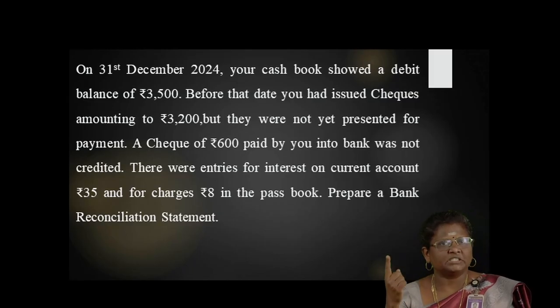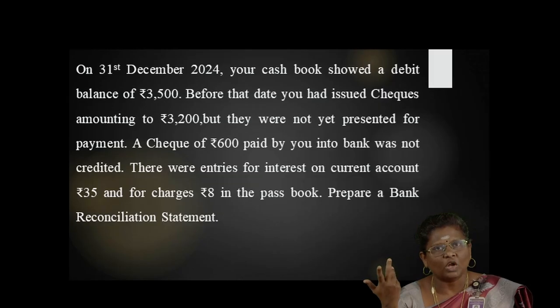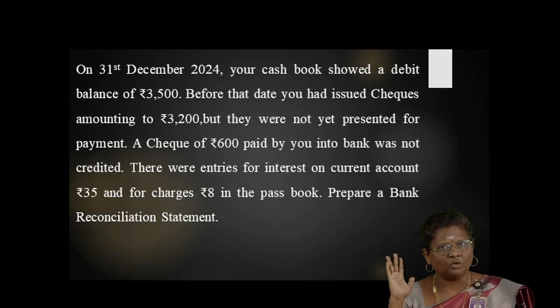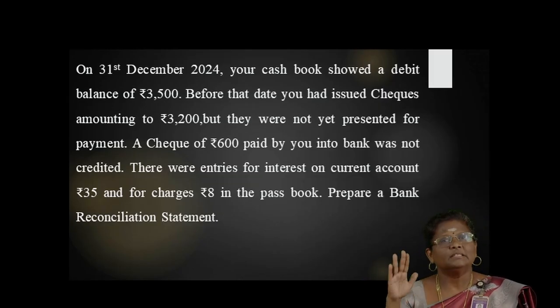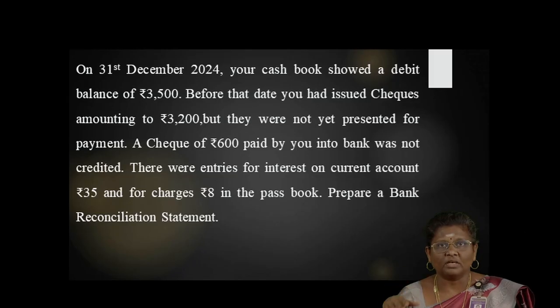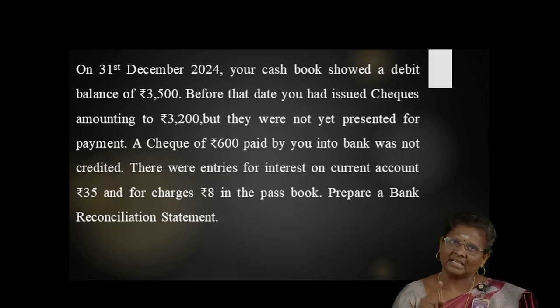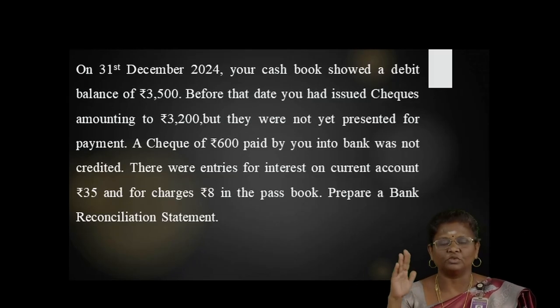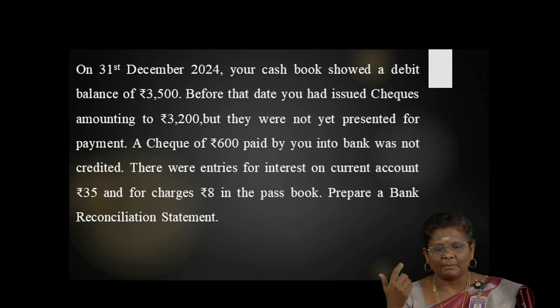We sent the check to the bank, but the bank has not collected the amount. So the balance in the passbook is low compared with the cash book. The passbook shows a lesser balance, so that amount should be deducted.